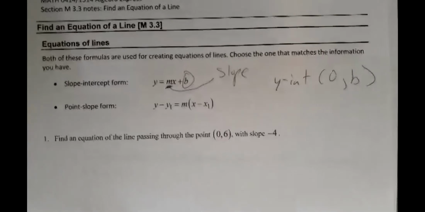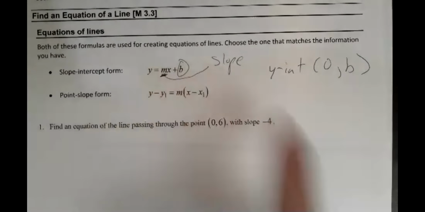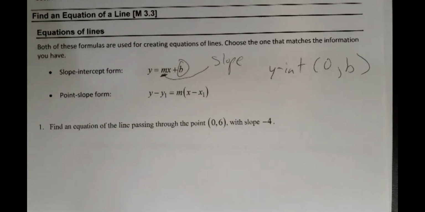I think this is the one that, if you fell asleep in class and I woke you up suddenly, you'd probably just recite this formula to me: y equals mx plus b. I don't think a lot of people have difficulty remembering this one. It's almost ingrained at this point.